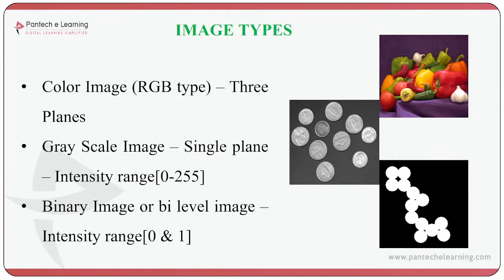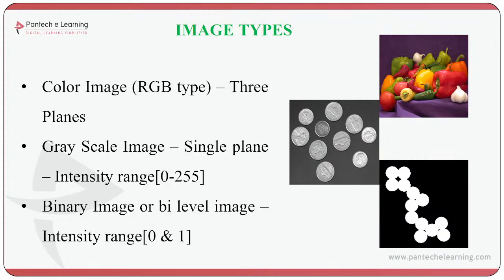So the next thing is the gray image. What is a gray image? A gray image is what you see in X-rays, CT scans, etc. Most image processing is done on gray images only, so this format is what we will be using.